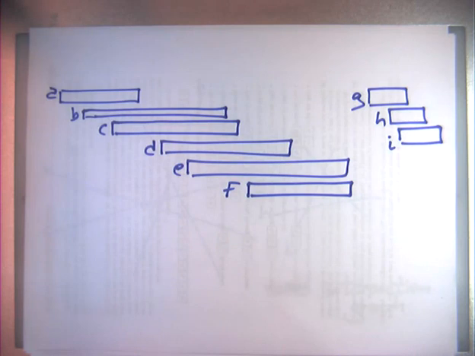So the vertices in this case are classes, and there's an edge between two classes if they conflict with each other, if they meet simultaneously, if there's any moment where both classes are meeting. And again, you can check by brute force that I really am defining the same binary relation between the same objects with the same labels. It's just that I'm using different objects in a different binary relation than I was using before.